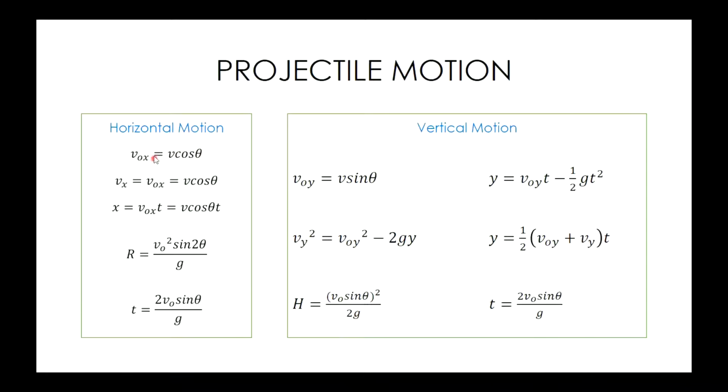That is the same for both initial and final velocity. Then for the displacement, we have the x component times time. So again, ang x component is velocity cosine theta times time. And then the range, the maximum distance traveled.